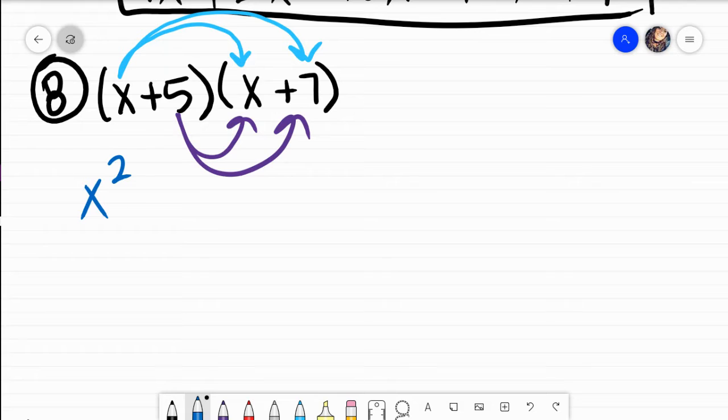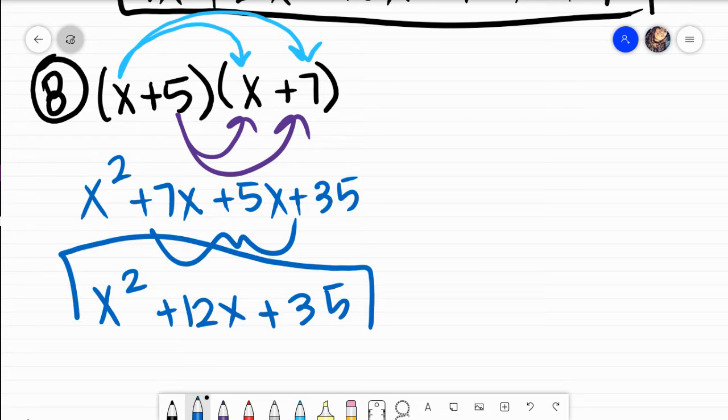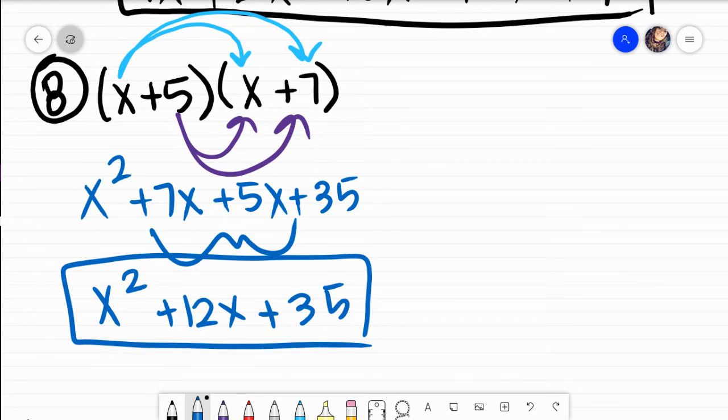If you do x times 7, we get 7x. 5 times x is a 5x. 5 times 7, 35. Signs are the same, it's positive. Right here, do you notice how those are like terms? So let's combine them. We get x squared plus 12x plus 35. That was really wonky there. That would be the answer to that question.